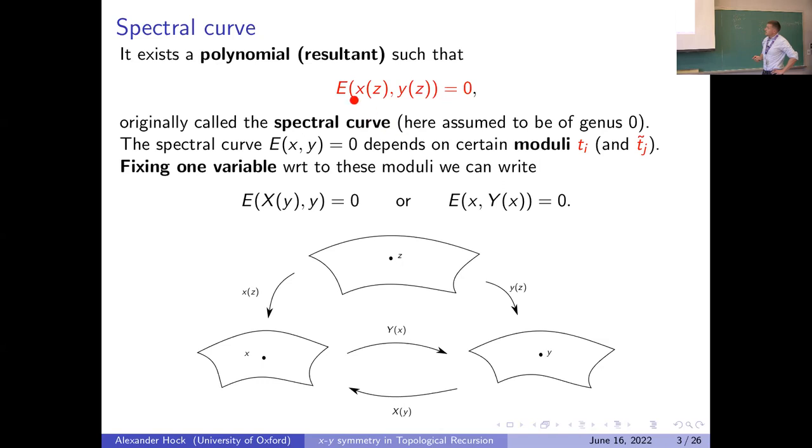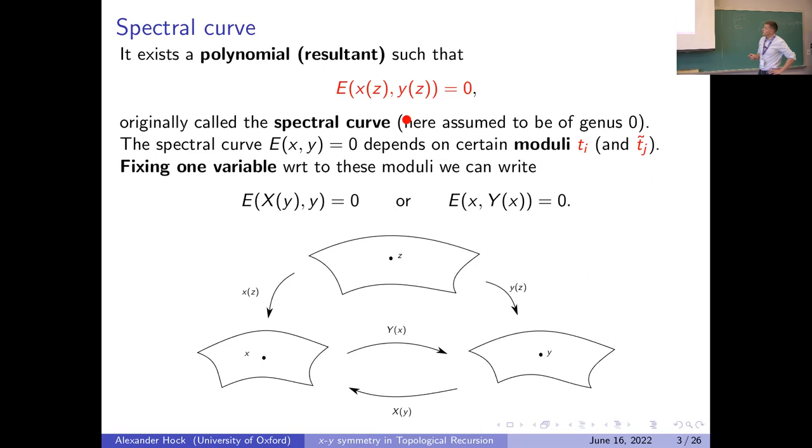And then it's known that this kind of spectral curve depends on certain moduli. These are the Kontsevich times. If you have in mind the Hermitian one matrix model, these are the parameters of the potential and so on. So this curve depends on certain moduli which you can vary.